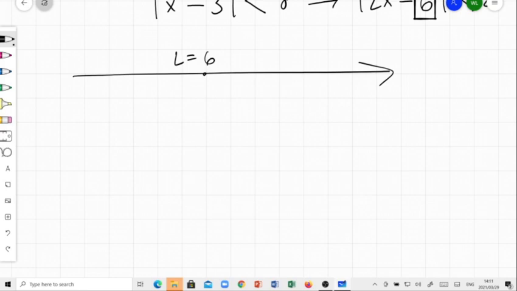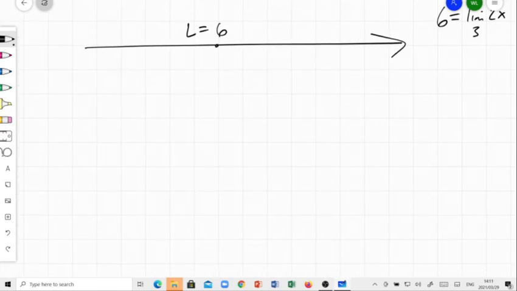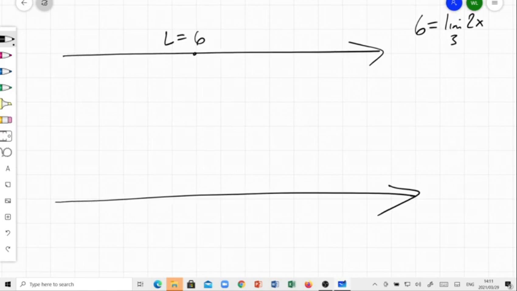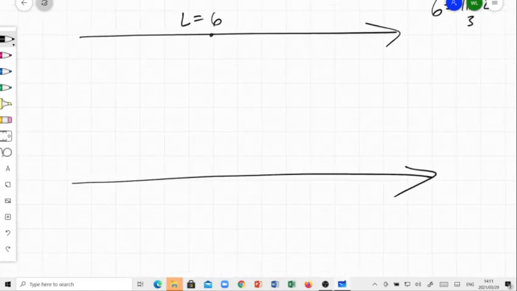Now if 6 is claiming to be the limit of your doubling function at 3, then in order to fulfill this title of being the limit of the doubling function, it means that for every challenge about 6, so let's say I throw down the challenge, I want 6 plus epsilon, so within epsilon of 6 either left or right.